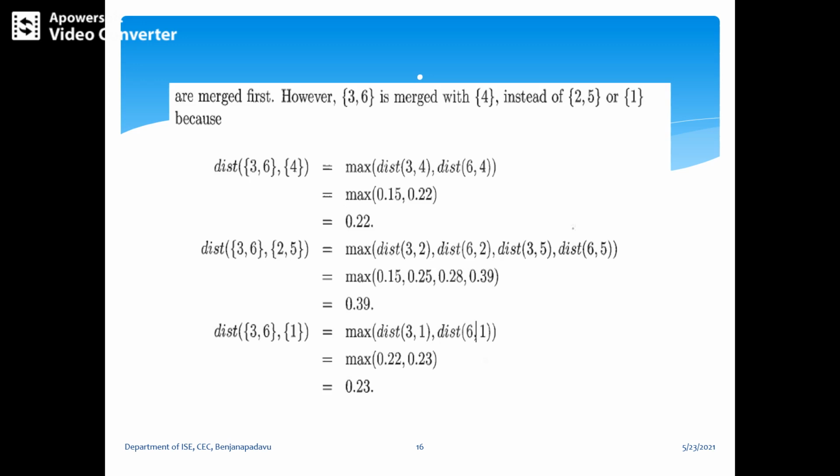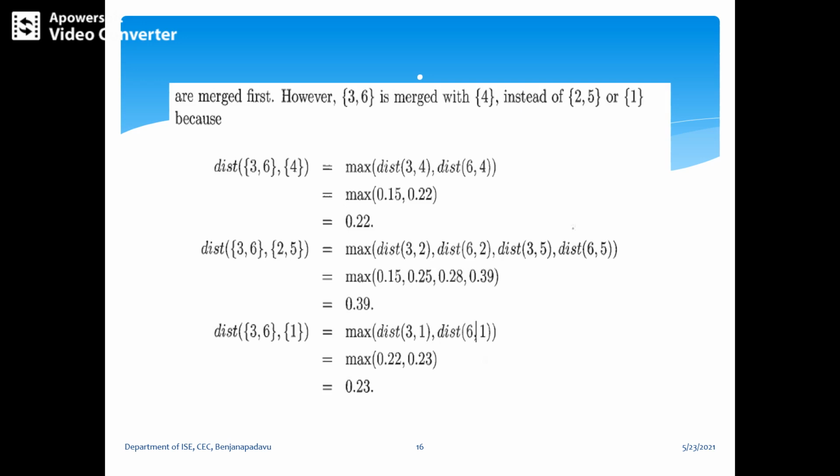Okay. Next, the distance of 3, 6 and 2, 5. So this will be the maximum of the distances 3 to 2, 6 to 2, 3 to 5 and 6 to 5. We need to calculate these separately.